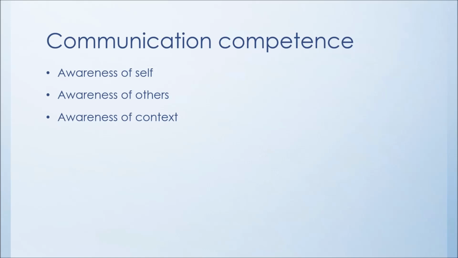Secondly, awareness of others. Learning to appreciate that our conversational partner is communicating from a different perceptual set and standpoint than we are. Understanding that our conversational partner might have a different experience with explicit and implicit social rules than we do, and making allowances for those things in our communication process in order to come to a closer meeting of the minds.